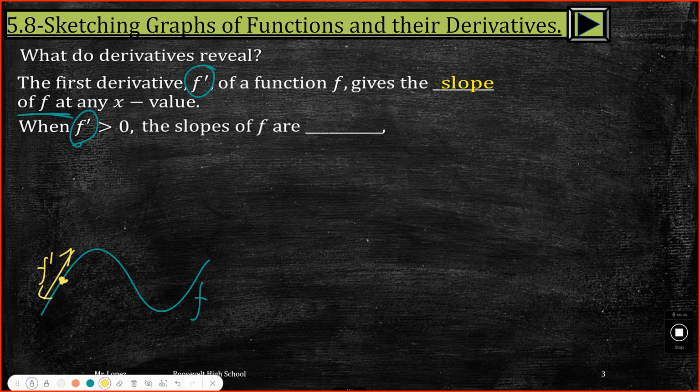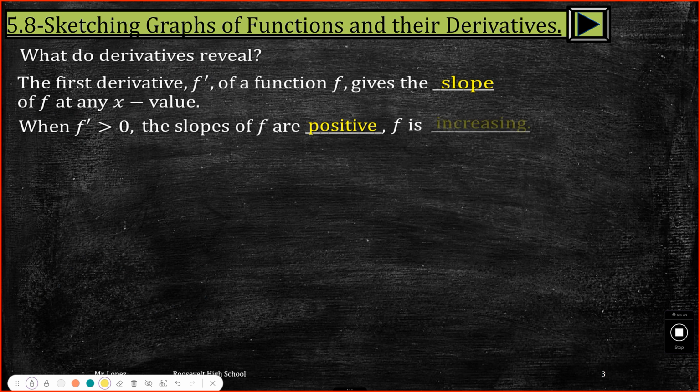It's talking about slopes, so positive. If it had said when f prime is greater than 0, f is increasing, that's another way. f is increasing.